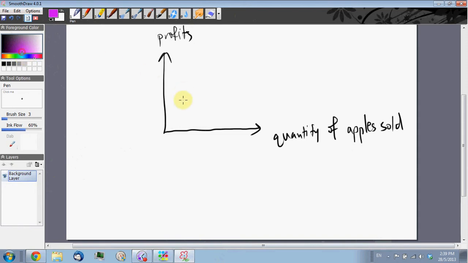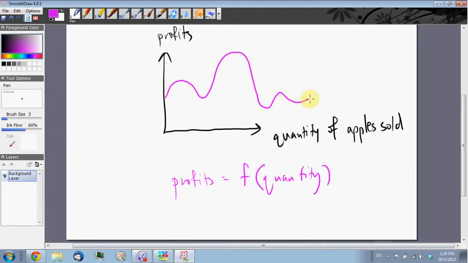When you plot the graph out, remember profits is a function of quantity of apples sold, and you maybe get an interesting shape, maybe like that. You want to maximize your profits, so you have to find where this point is, because it's the highest. You want to sell the quantity of apples at this point, so that you get the most profit.